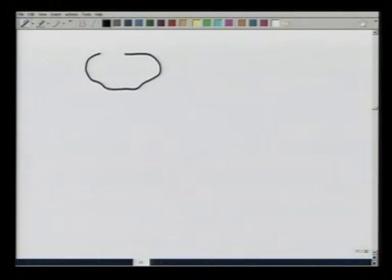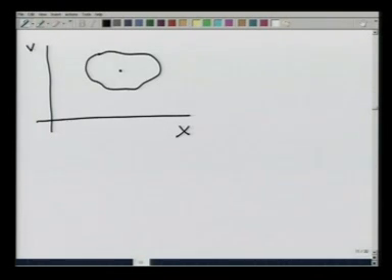Thus, suppose I have an area with the centroid with respect to a given set of axes x and y with origin at O, such that the coordinates of its centroid are x0 and y0. Let us choose another set of parallel axes x prime and y prime passing through the centroid.